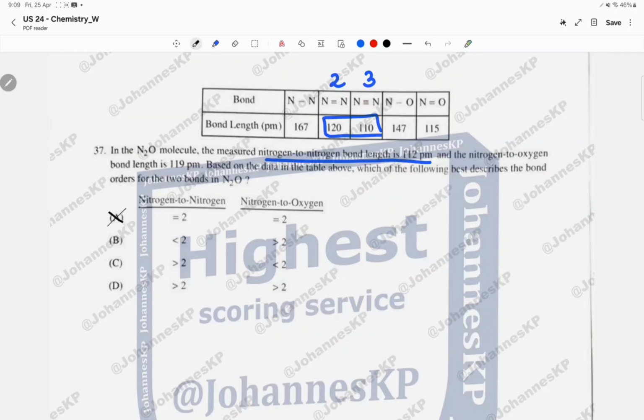So it's not going to be A, it's not going to be B. And when it comes to nitrogen and oxygen, it's going to be 119, which is between 115 and 147. So it's between 1 and 2, basically. So the answer is going to be choice C.